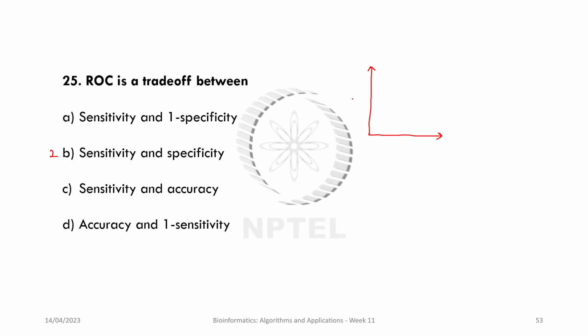So ROC is a curve between FPR and sensitivity, right?